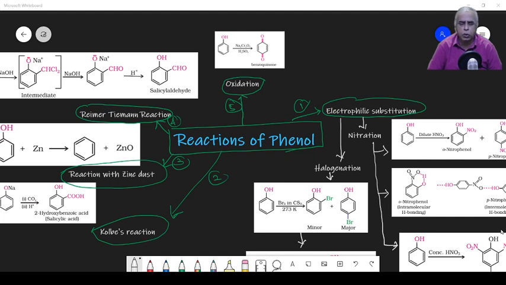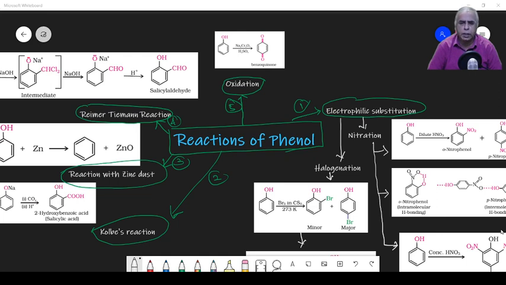Here the nitronium ion is the electrophile in the case of nitration. And we cannot simply take nitric acid and make nitration possible. We need to include a catalyst, that is sulfuric acid.